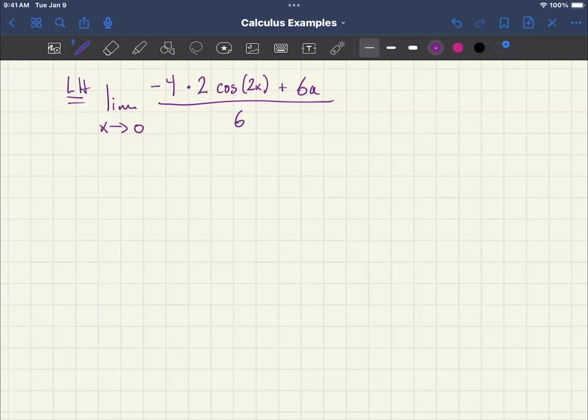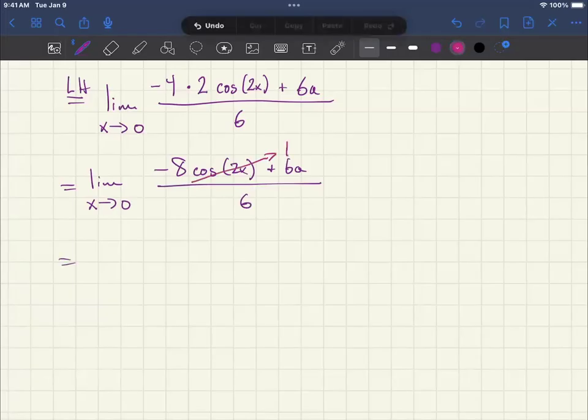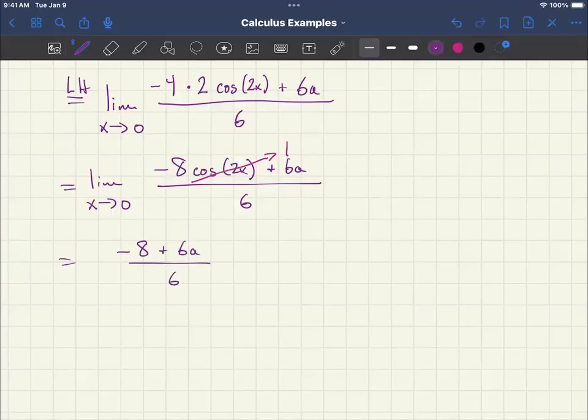So this gives us the limit as x goes to 0 of -8 cosine of 2x plus 6a all over 6. And as x goes to 0, we know cosine of 2x is going to go to 1. So this is going to be -8 plus 6a over 6.